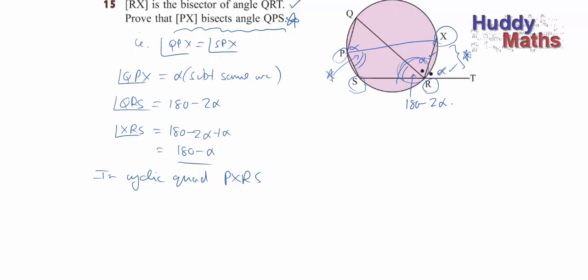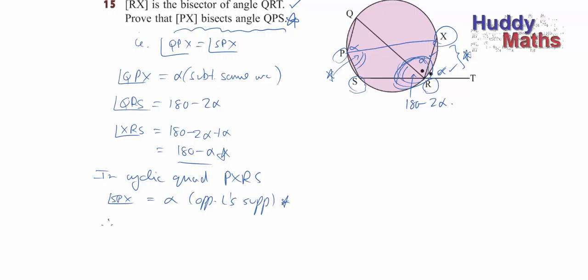In cyclic quadrilateral PXRS, we can say angle SPX must equal alpha, opposite angles supplementary, because the opposite angle was this one down here in that cyclic quadrilateral, and it's 180 take alpha, and so the opposite must be supplementary, which is alpha.